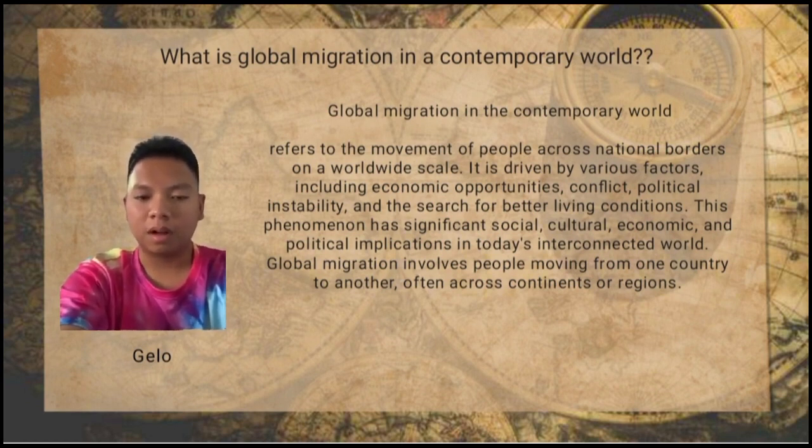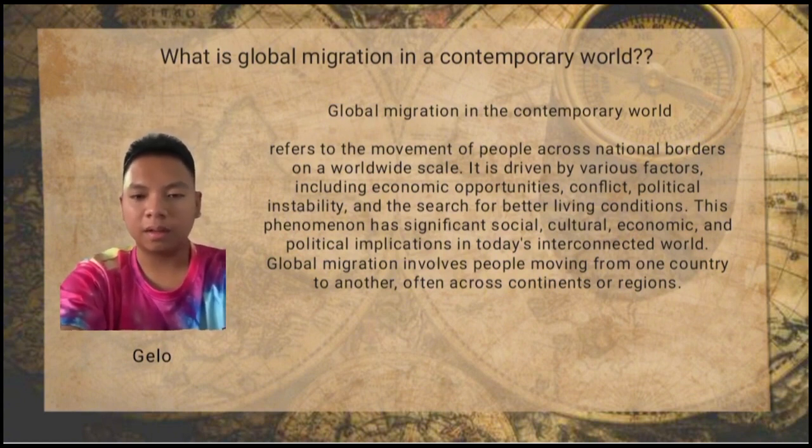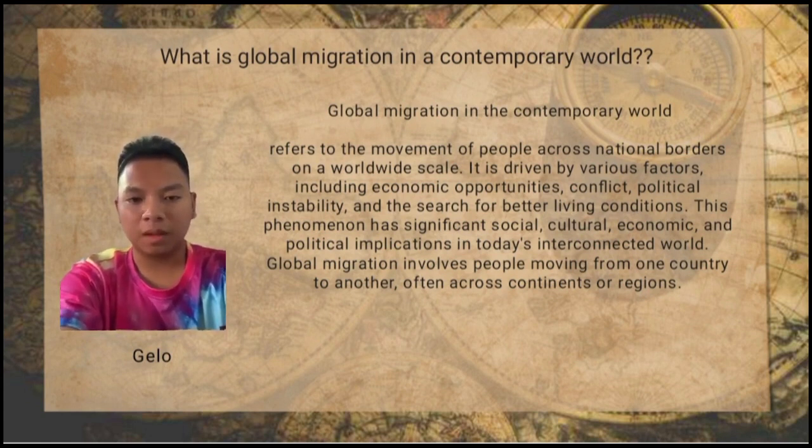Example, a software engineer from India might move to the United States to work for a tech company due to better career opportunities. Example, in conflict and political instability, people often flee regions plagued by war, conflict, or political turmoil to seek safety in more stable countries.